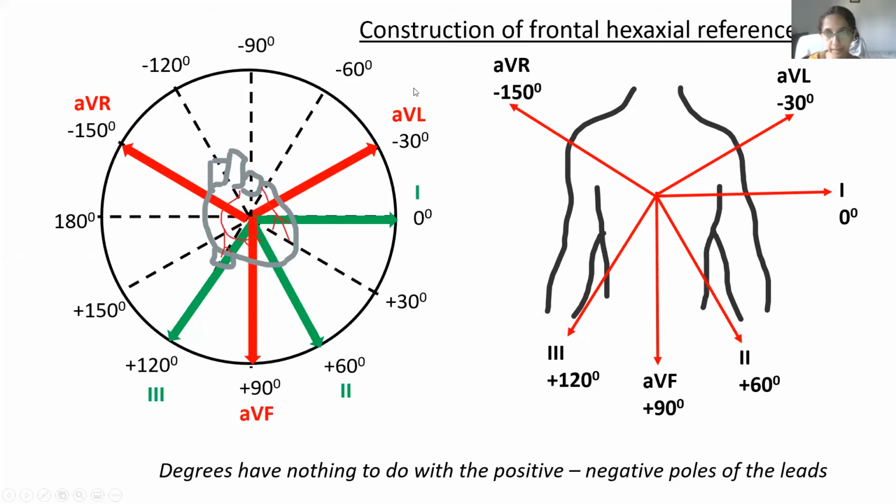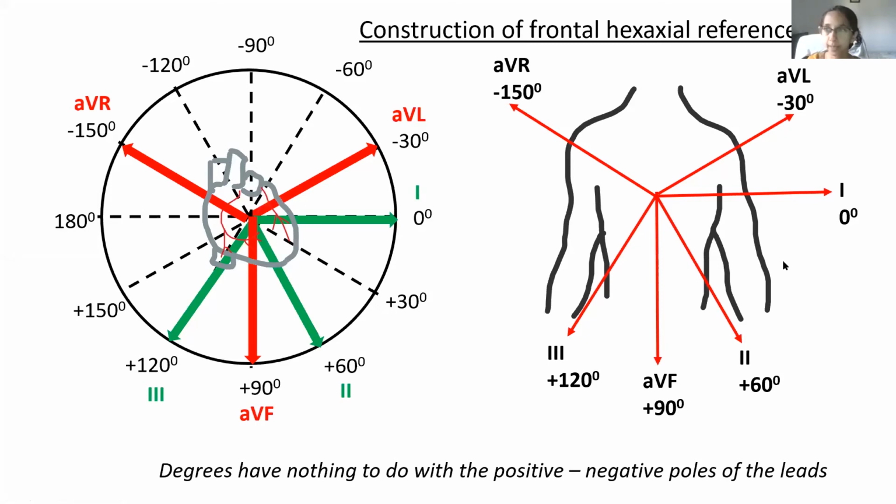This is just a design which is man-made, where these degrees have nothing to do with the positive, negative poles of the leads which we understood in the last session. So we have just constructed this system where we have denoted this as 0, and then we go to 90 degrees, plus 180 or minus 180, and then coming back to 0 degrees.